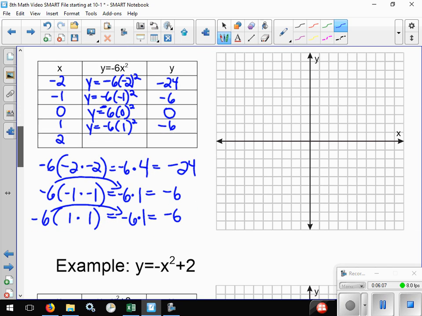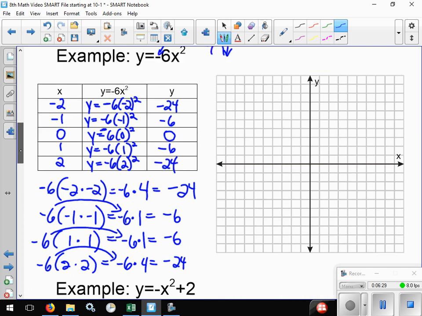And last but not least, we have y equals negative 6 times 2 squared. So it's 2 times 2 is 4. Negative 6 times 4 is negative 24. And again, that'll be off our grid. But that's okay. So we can note, you know the pattern by now.